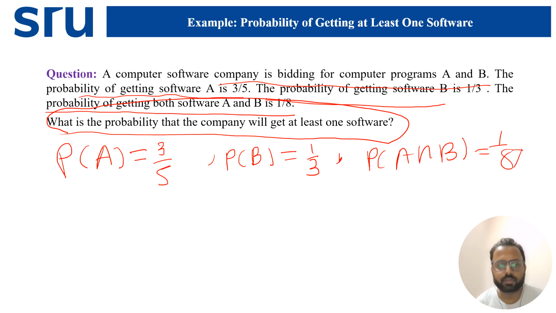And the task is to find the probability that the company will get at least one software.